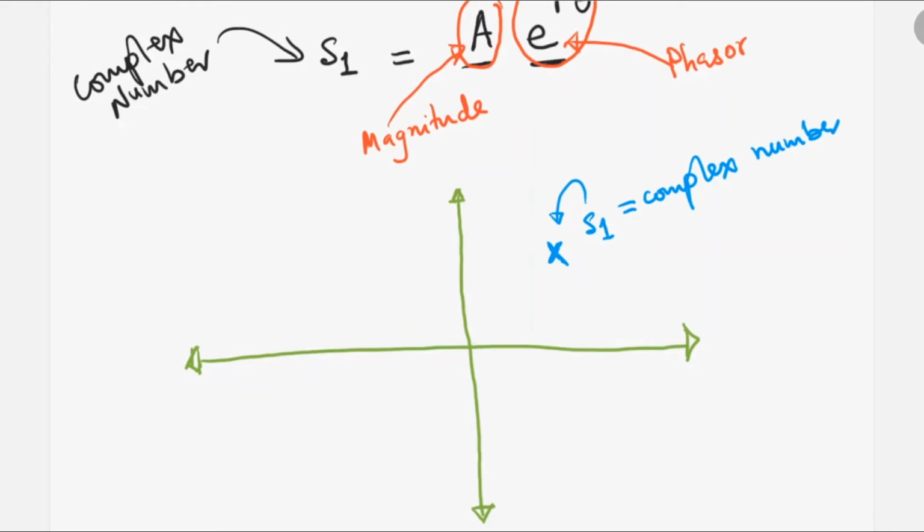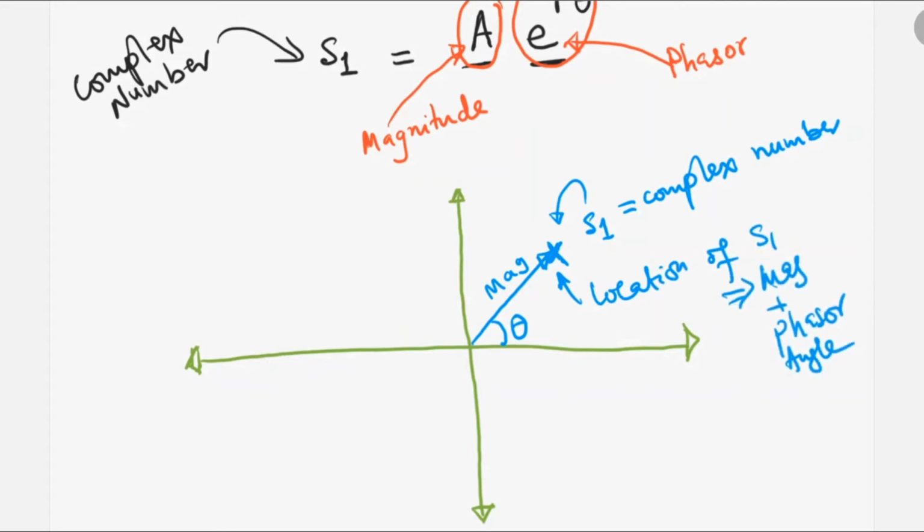If I draw a vector from the center to this point, which is required, and if I know what this theta is, and if I know what the magnitude is, can I know the location of this point, s1? So we are going to do that.